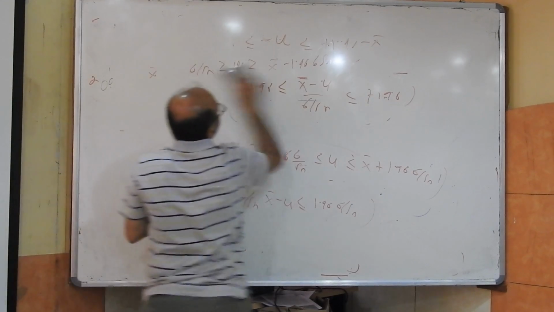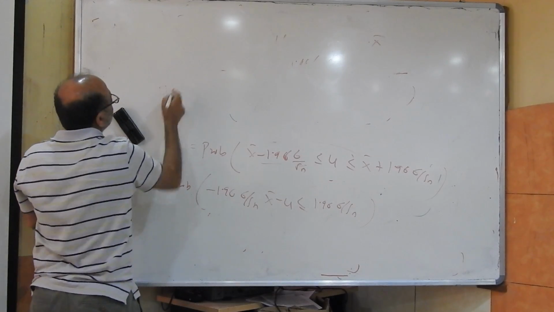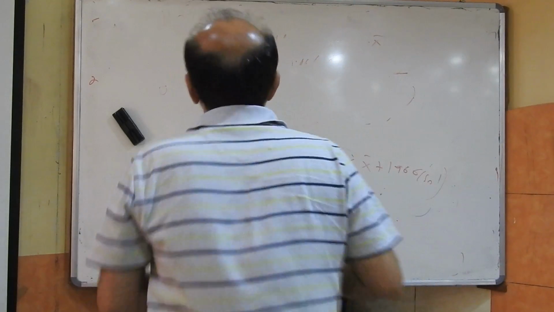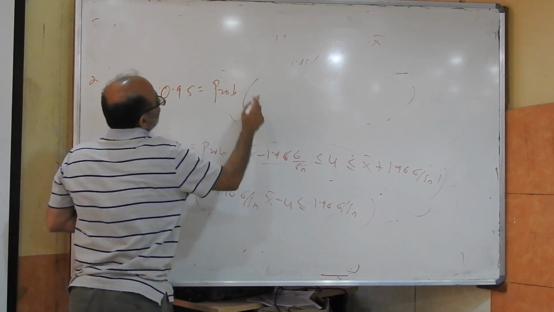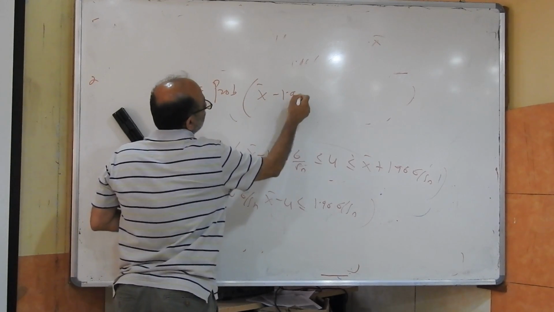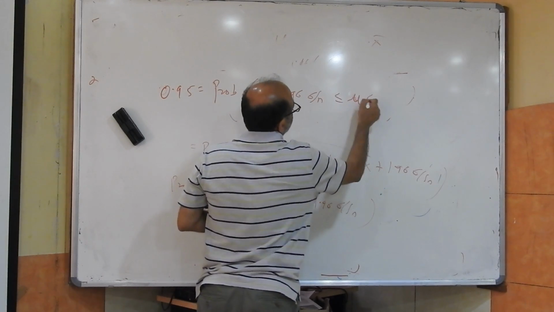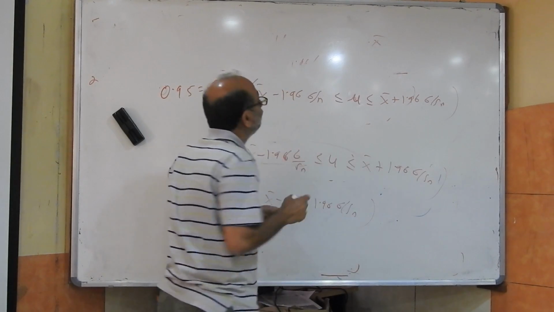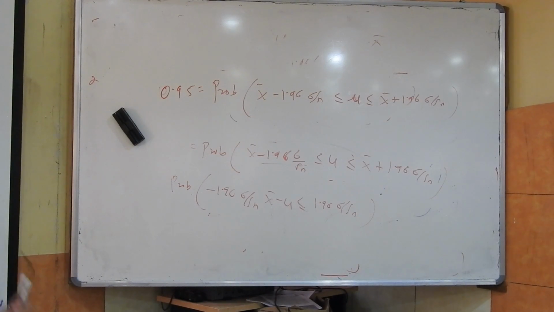So I write this essentially as probability equal to 0.95. Now this is a very important statement, because what is X bar? X bar is an estimate of mu. You do not know what mu is.